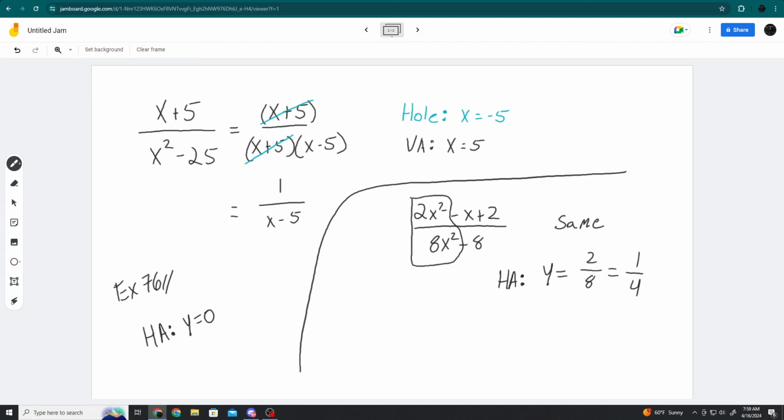That's all I write. Done. That easy. For horizontal asymptotes, it's more like analyzing the function and picking out the pieces you need to make that distinction of what you're supposed to do. If they're the same, we divide the leading coefficients. If the bottom's bigger, it's just 0.